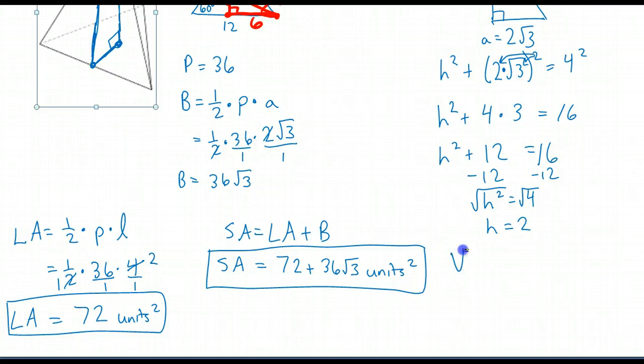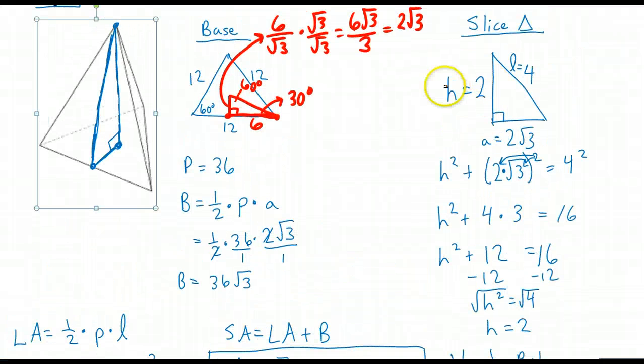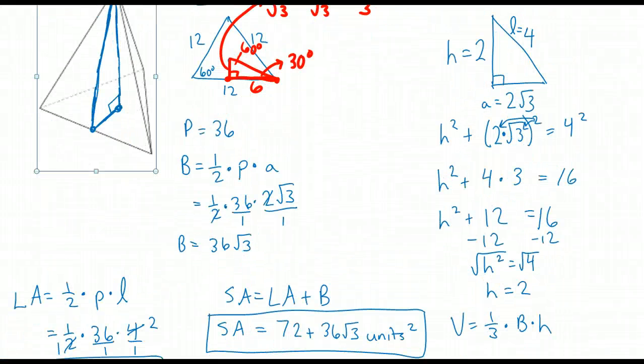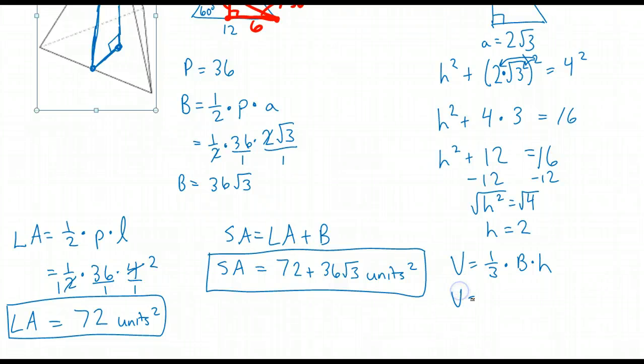And my volume is going to be 1/3 times my base area times my height. And I need to make sure that I use the height of the pyramid from my slice triangle. So I have 1/3 times 36 square roots of 3 times 2.